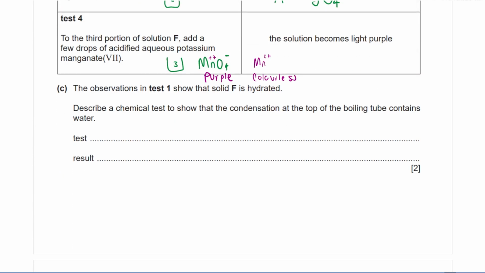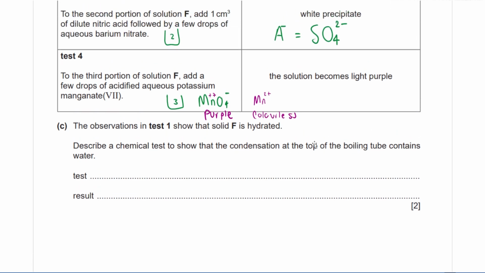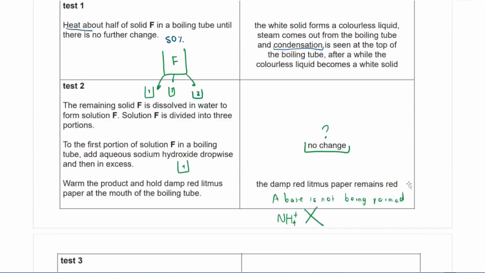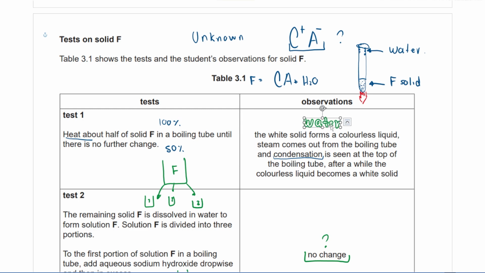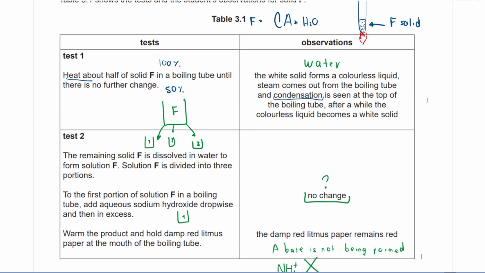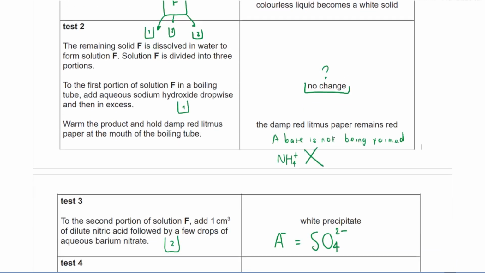So let's go back to the questions. Here in test 1, it shows that solid F is hydrated, as we said, right? Because it has water. So the observations show me that this solid has water.